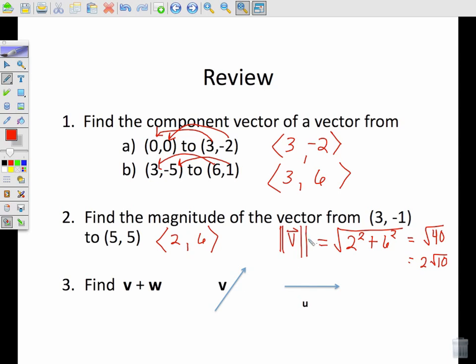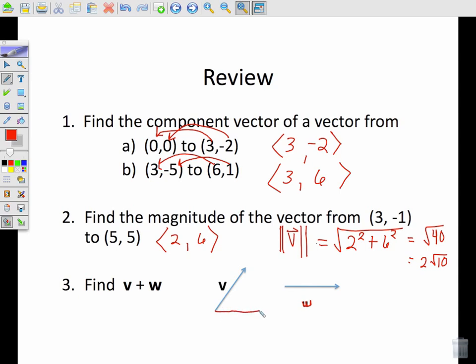All right, the last problem here, just to review, is let's find v plus w. Vector v plus vector w. Well, you take vector v, which is already existing here, and then vector w is right here.